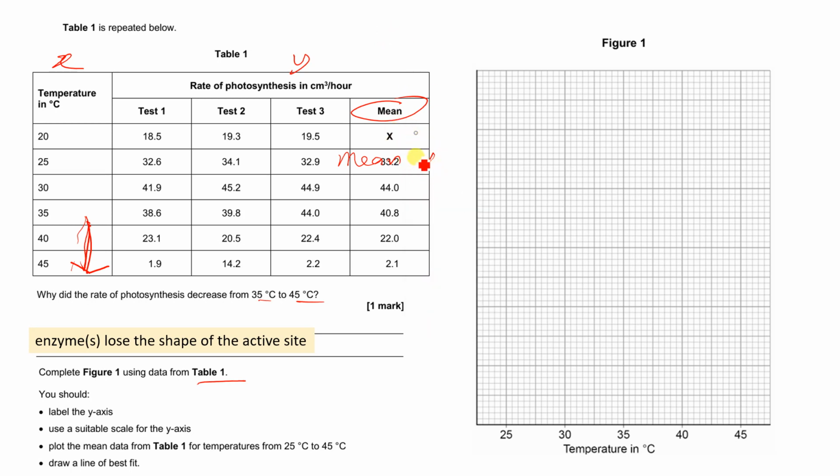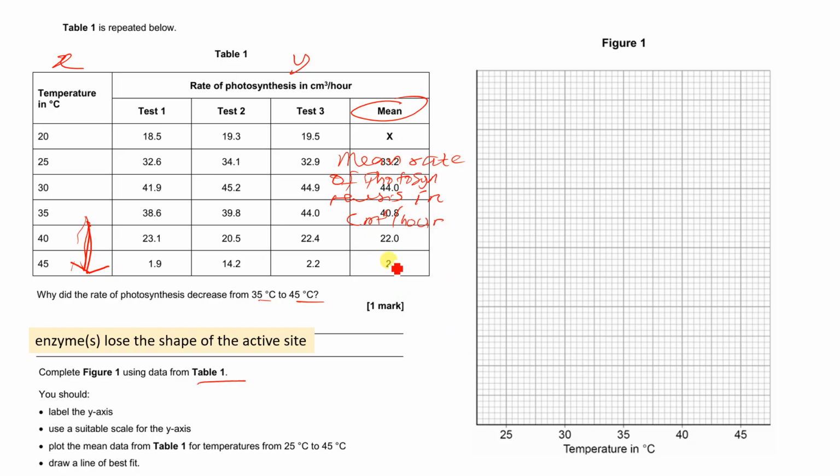of photosynthesis, just copy everything, in centimeters per hour. Then label your x-axis.